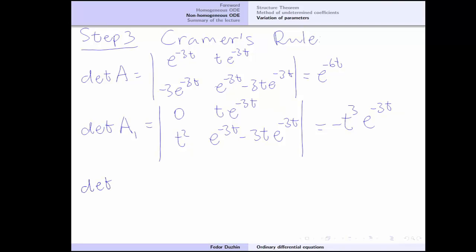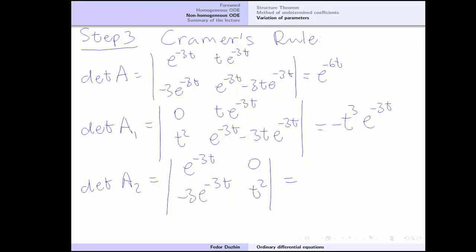So then determinant of A2, according to Cramer's rule, we need to replace the second column of the coefficient matrix with the right hand side. So we keep the first column, just e to the minus 3t, minus 3 e to the minus 3t, and here we insert 0 and t squared.